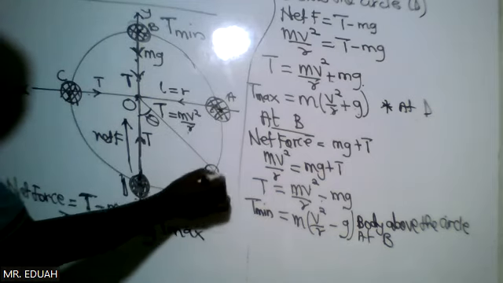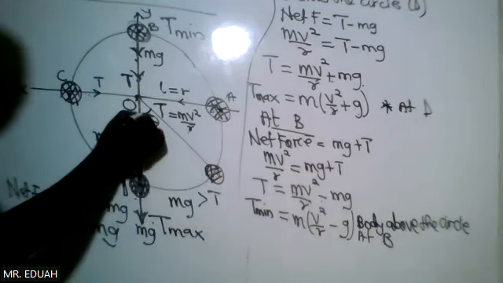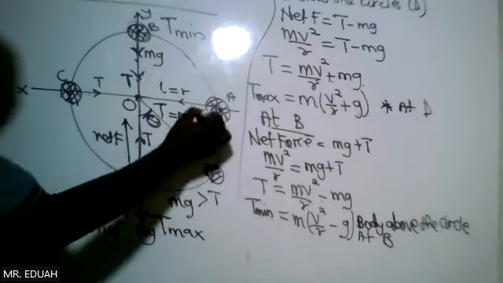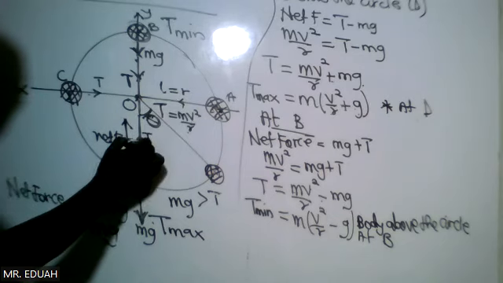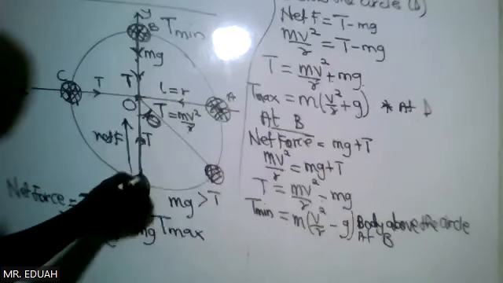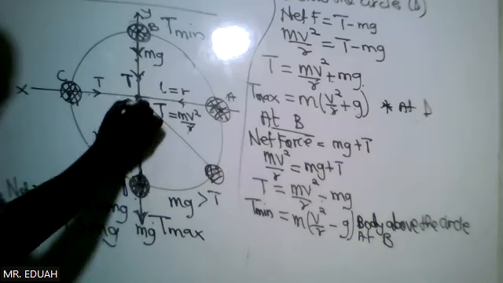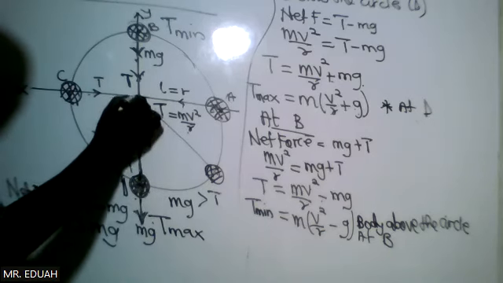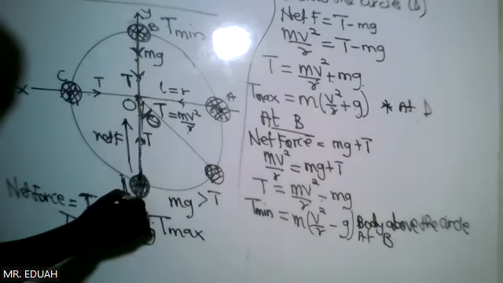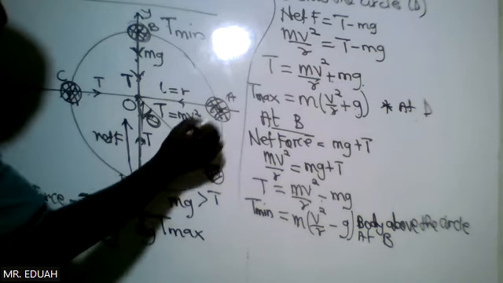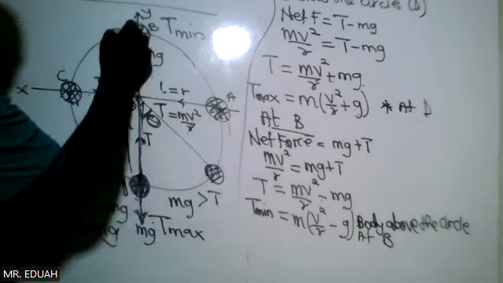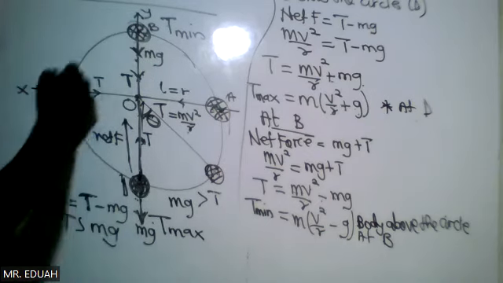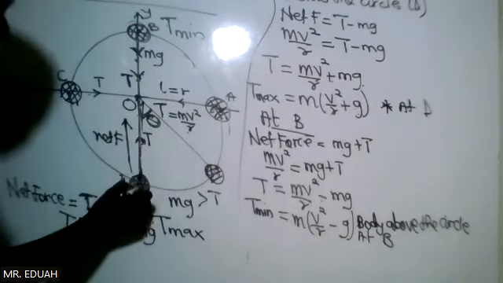But when the body is positioned at any angle theta, when it is here, it's as if the angle covered is 90. When it is here, it's like 0 or 360. Our reference position is here. So when it moves from here to here, it has gone through an angle of 90. Then it comes to 180, 270, then 360.